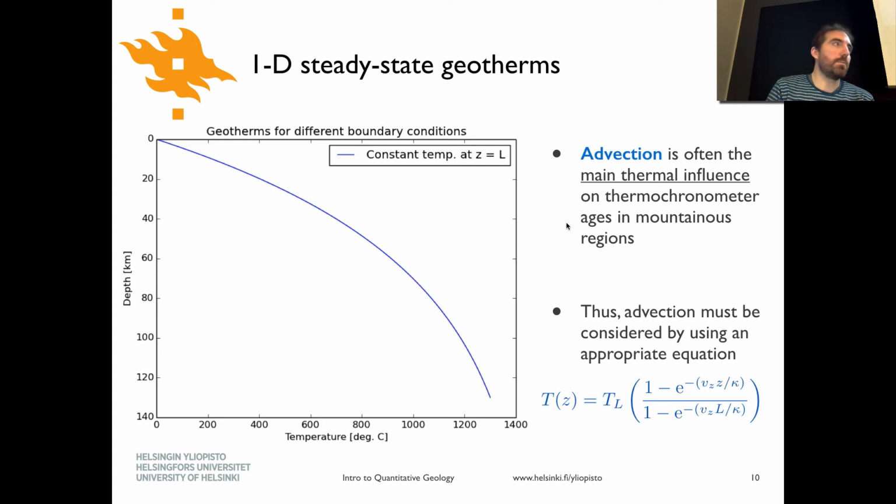But advection is important. So if the rocks move up toward the Earth's surface, this is one of the ways in which you bend the geotherm. If you have erosion at rapid velocities, that tends to cause rock to be moving up toward the Earth's surface, and that will bend the geotherm, as well as heat production by radioactive isotopes like uranium, thorium, potassium.